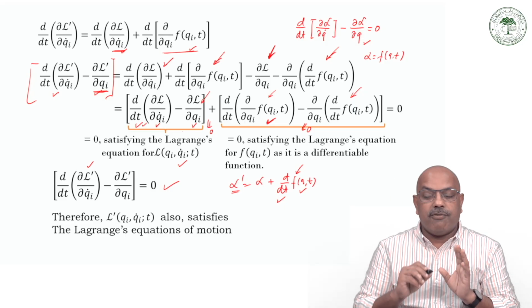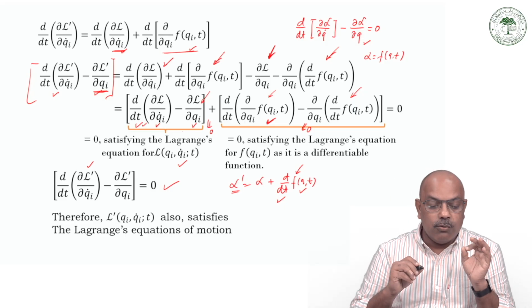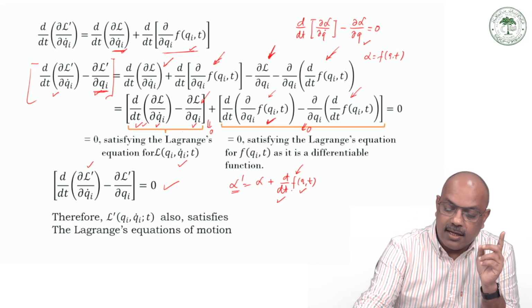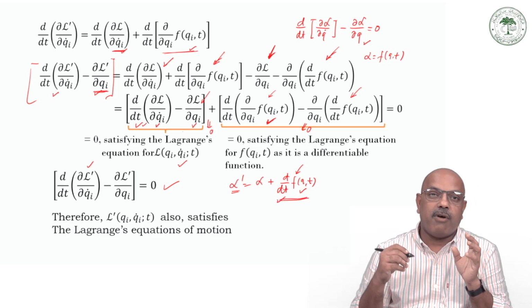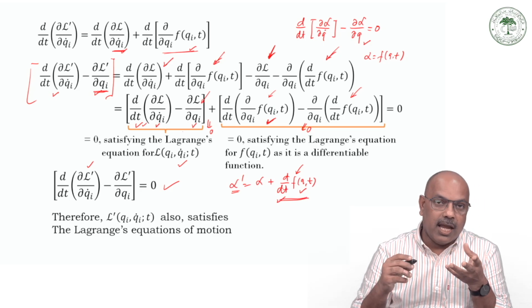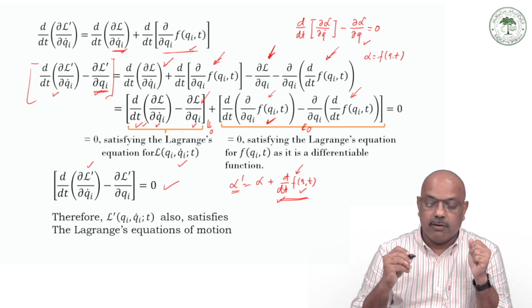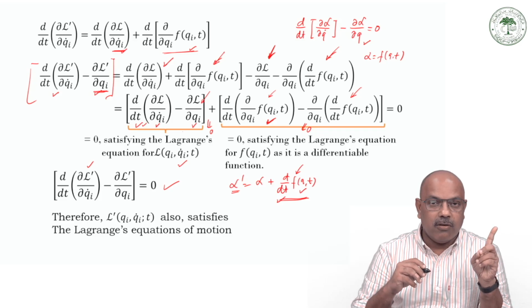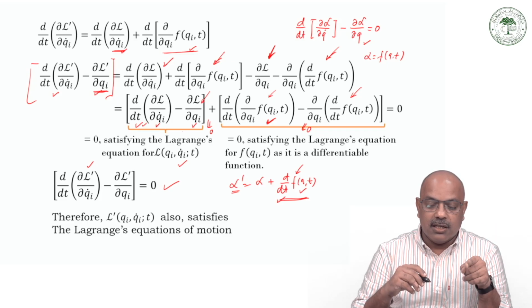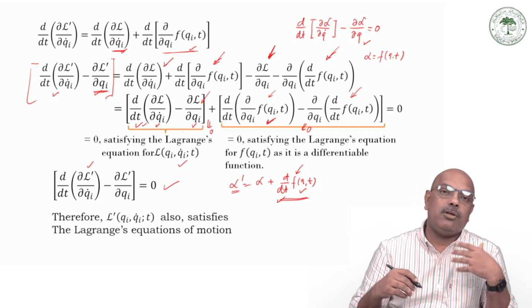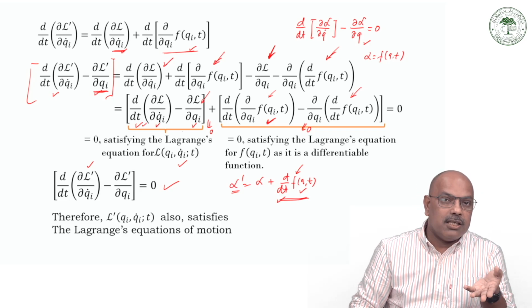This kind of transformation is allowed because when you add a total time derivative of a function which is continuous and twice continuously differentiable to your Lagrangian, you get a new Lagrangian, but this new Lagrangian is also going to give you the same Lagrange equations of motion.